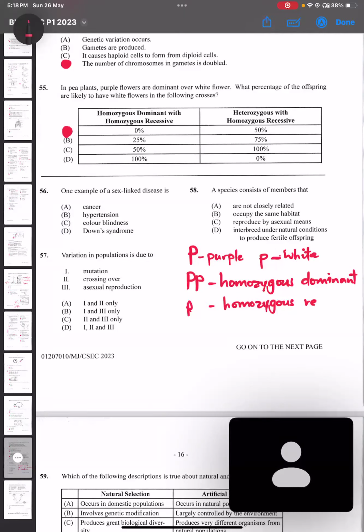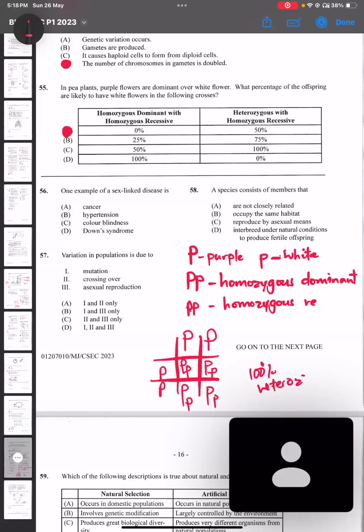And then you just do a square. All of them would be heterozygous, meaning they have a dominant allele and a recessive allele. So it would be 100% heterozygous. So you don't even really have to work out the question anymore, because this is the only one that shows you 100 or 0 for the heterozygous condition.